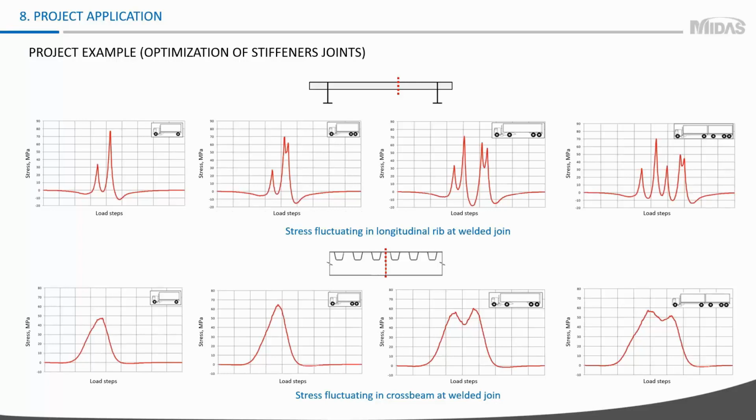In this model, all the lorries were passed and stress fluctuations were investigated. On the slide you may see the changing of stresses in the rib at a connection during the passing of different vehicles, and you can see here how stresses are changing at a welded connection to the cross beam.